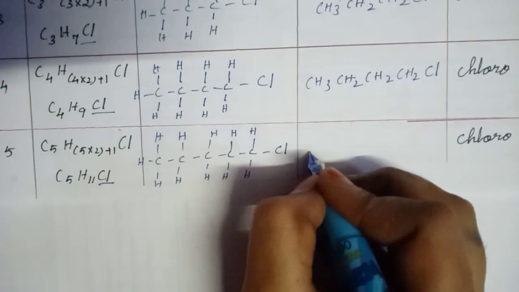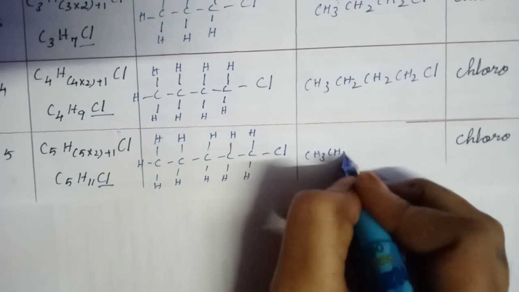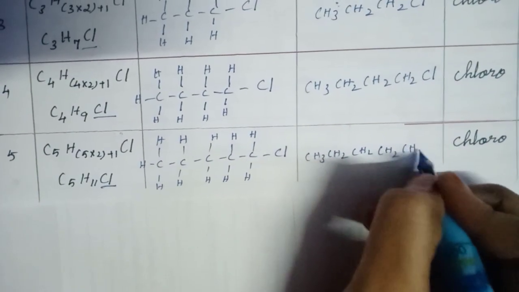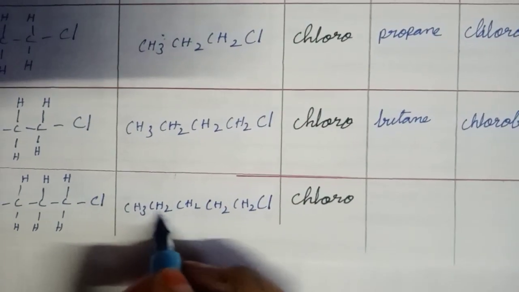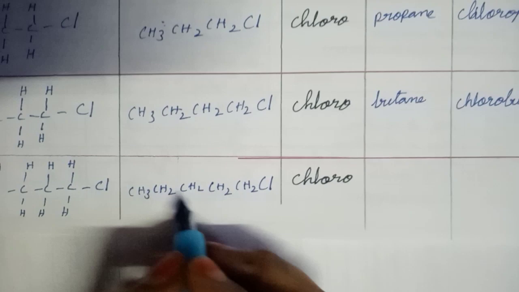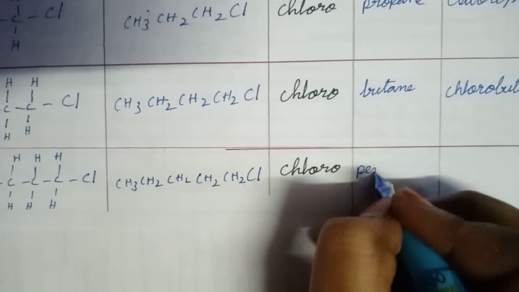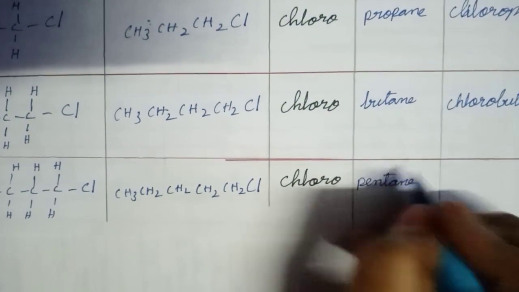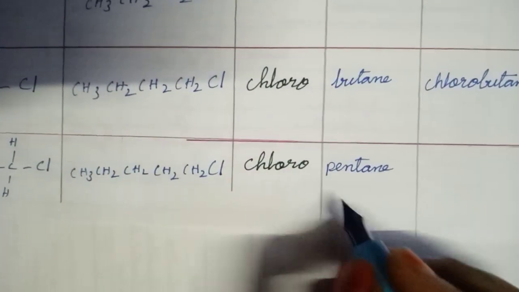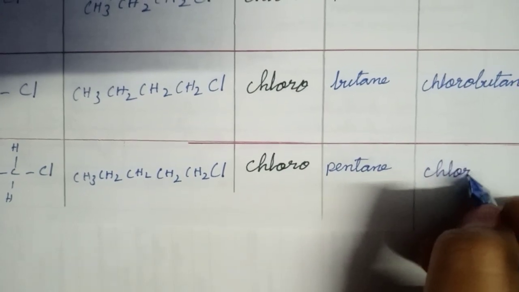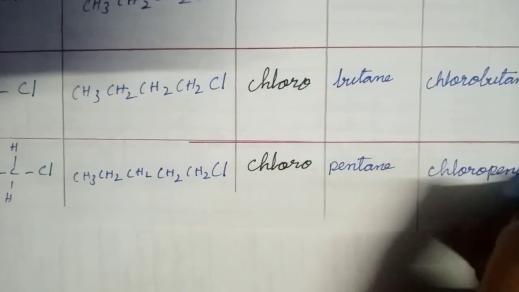Condensed form: CH3, CH2, CH2, CH2, CH2, Cl. Functional group chlorine, so prefix is chloro. 1, 2, 3, 4, 5. That means meth, eth, prop, but, pent. So the alkane is pentane. So what is the final name? Chloro plus pentane. Chloropentane.